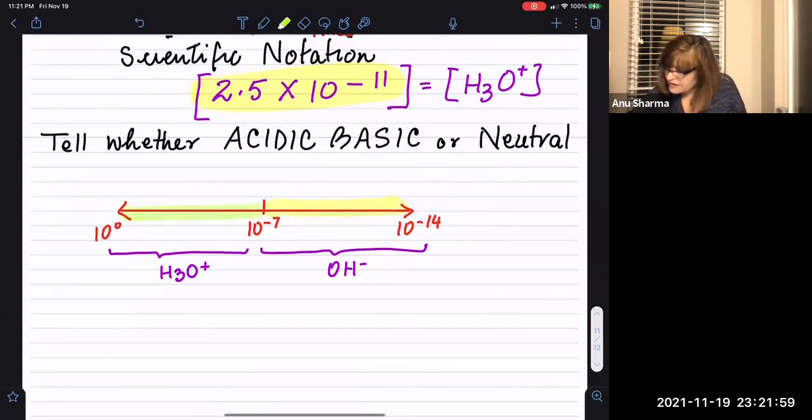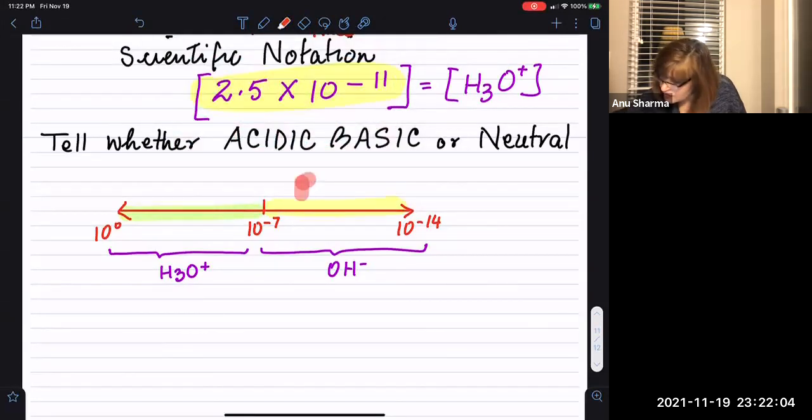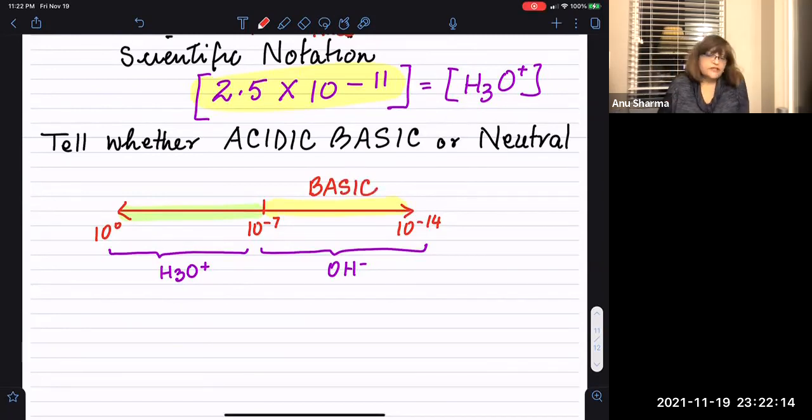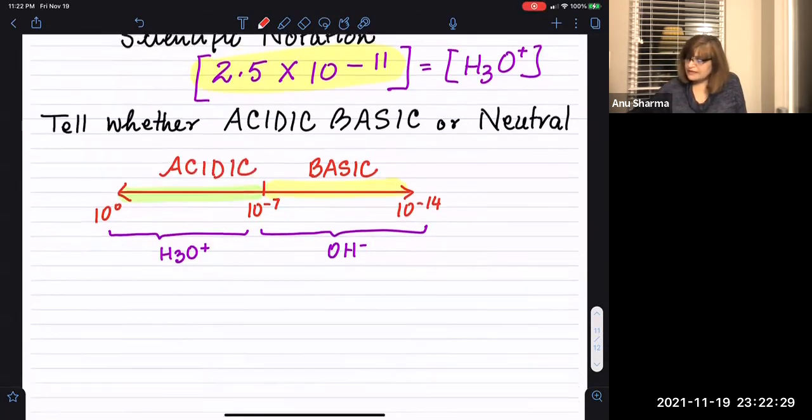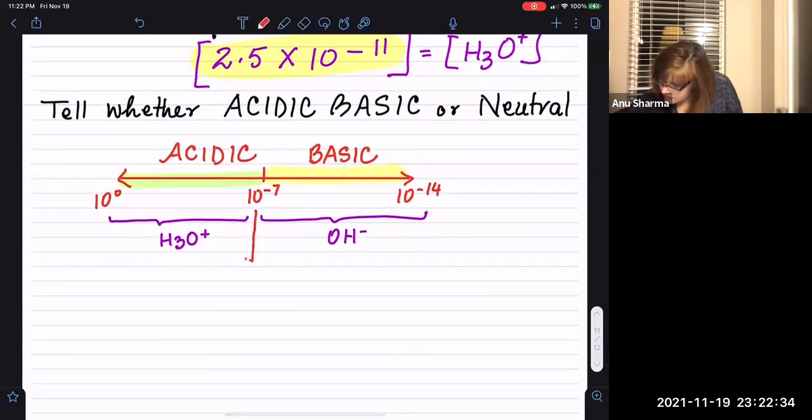Anything from 10 to the power -8 all the way till 14 would be basic. But from 10 to the power 0 to 10 to the power -6.9 is acidic. And this is neutral.